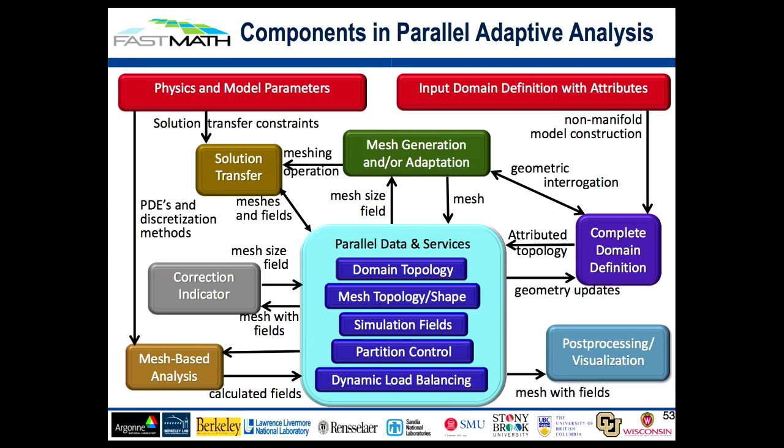So this is a rather unusual view of the process of carrying out adaptive analysis, where, if you will, you look at the lower left there, and the little box says mesh-based analysis is the entire analysis code, and the data structure in the middle takes up most of the things, but it's really the parallel infrastructure that deals with what is the actual problem definition, interaction with the mesh generation, mesh adaptation, solution transfer capabilities, and also ultimately with the visualization procedures.